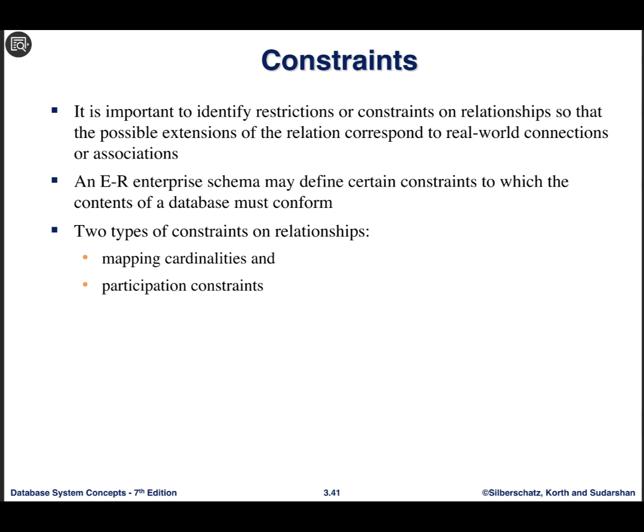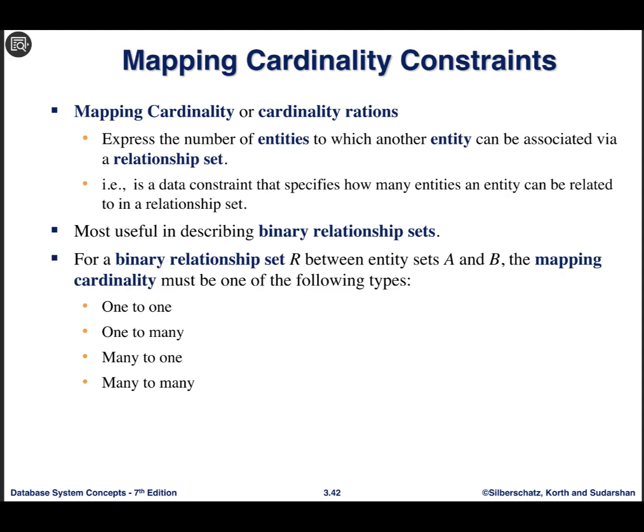Mainly we have two types of constraints on the relationship. The first one is called the mapping cardinality, and the second one is called participation constraints. We are going to see what each of them means, one at a time, and then see why we need them. So the first one is the mapping cardinality.